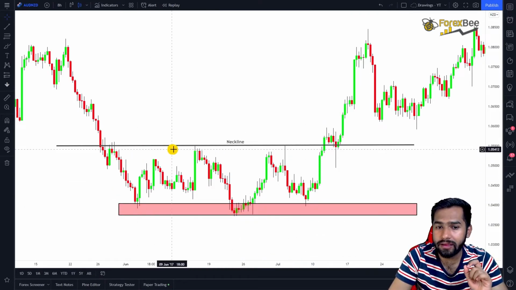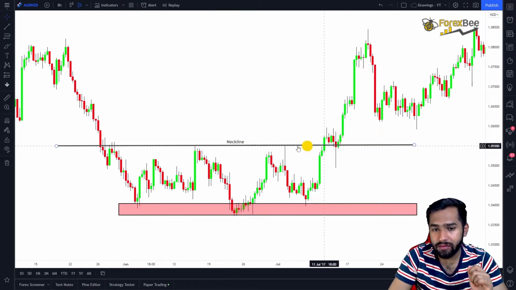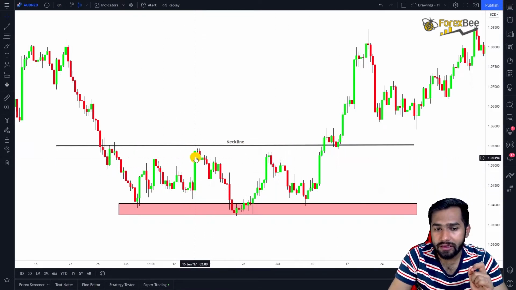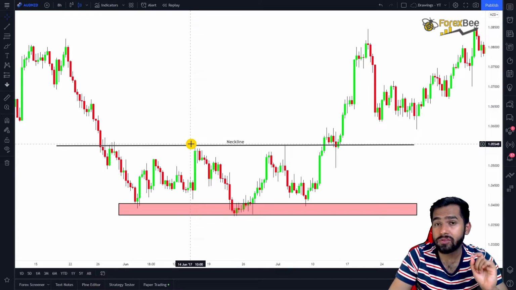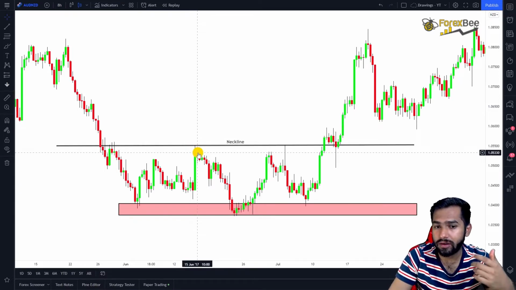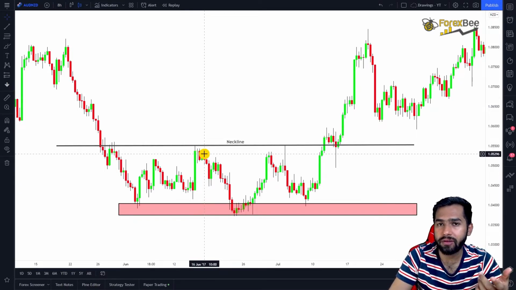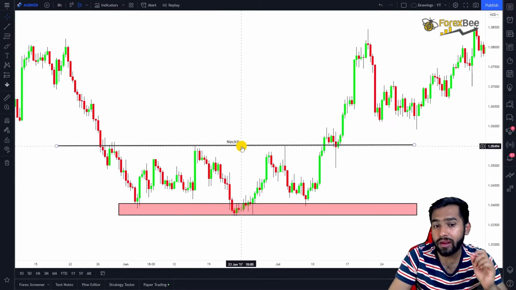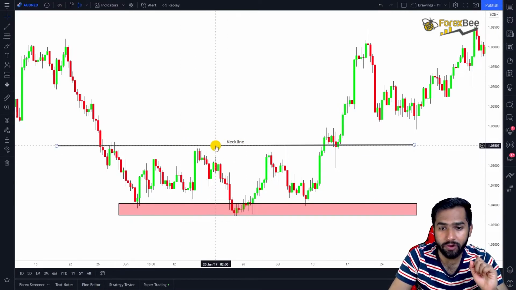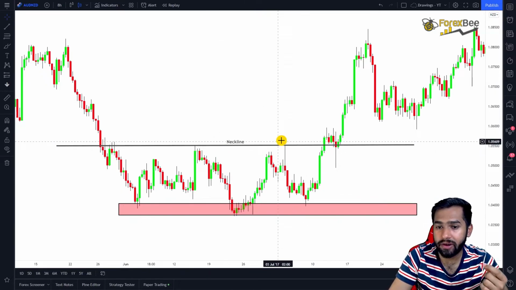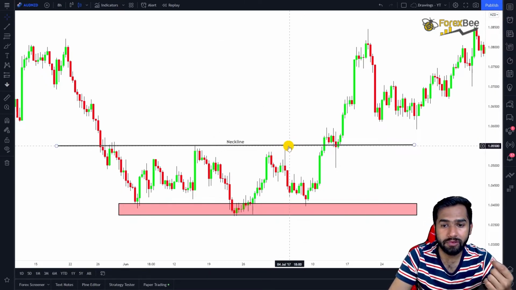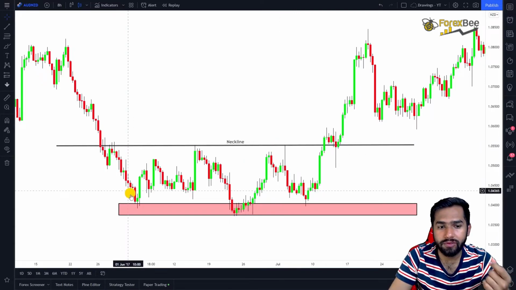And the neckline in this case is this line. It can also be called resistance, but the proper way for this pattern is to call it neckline. So the neckline here is at this point where the price is touching this line, and we can also see the price bouncing back and making a swing from this point as well. So this is our first swing, this is our second swing, and this is the third swing.